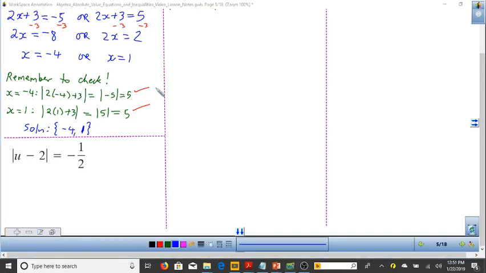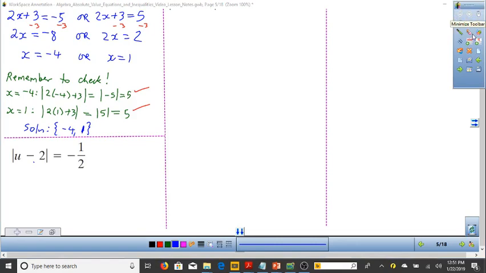Now, in this situation, we have a little situation here that we have to be careful of, because we have an absolute value that's equal to a negative. An absolute value is never equal to a negative. So, and let me type this up for the sake of clarity.